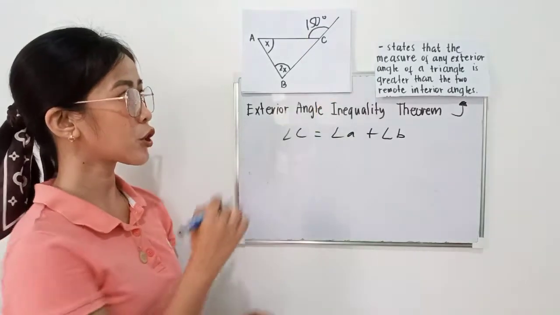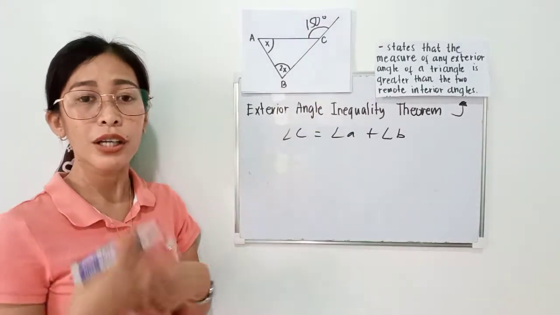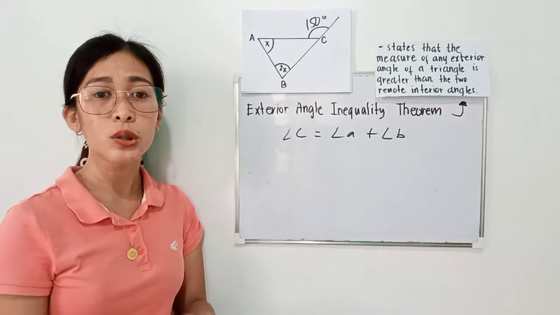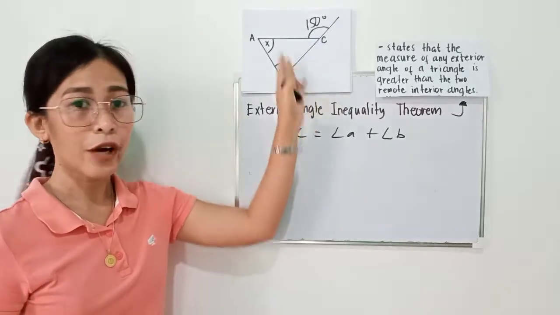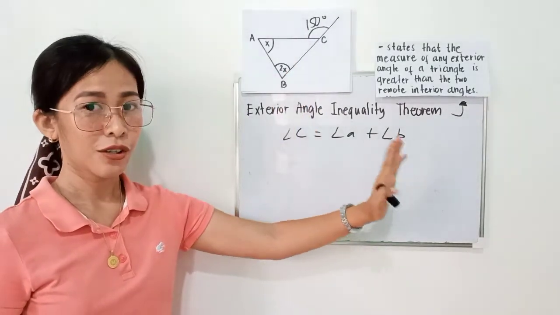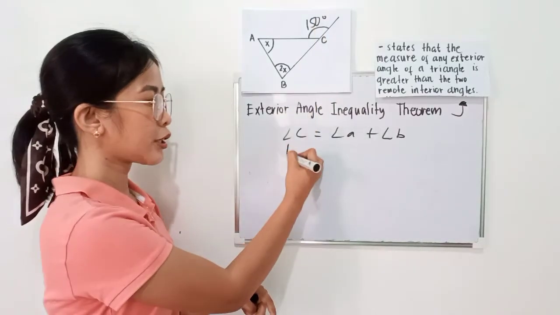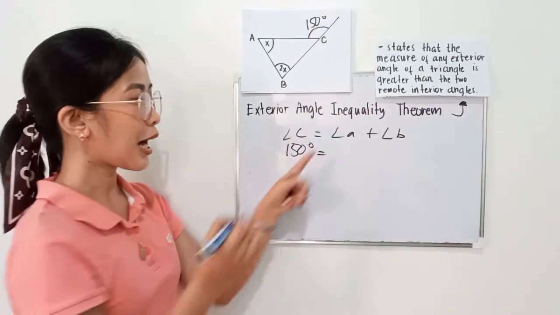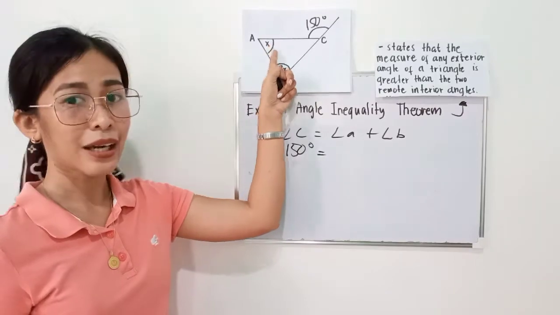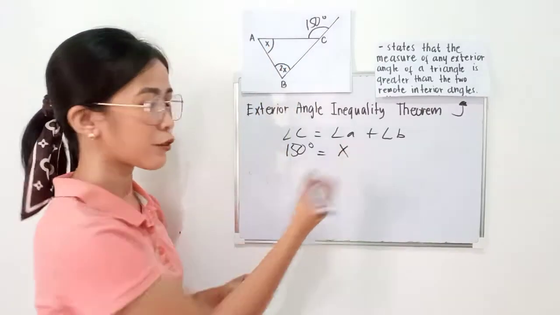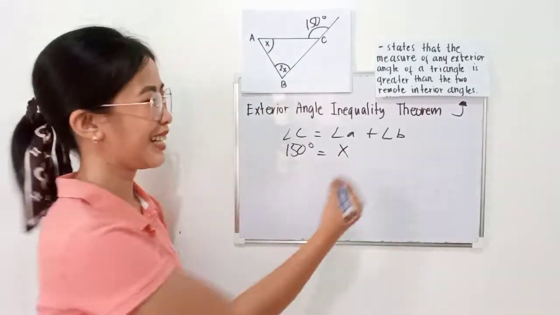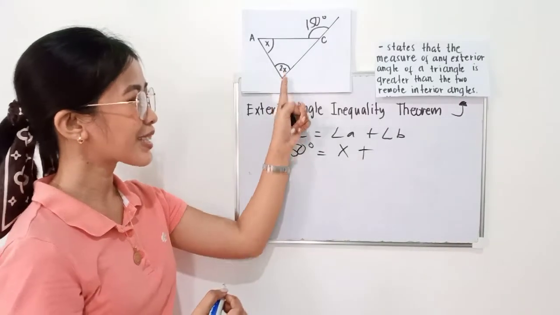And angle C measures 150 degrees. What you are going to do is to just substitute the value given to this equation. Alright? So, angle C measures 150 degrees. And angle A is x. Yan, we're going to find x, ha? Okay, and plus 2x.